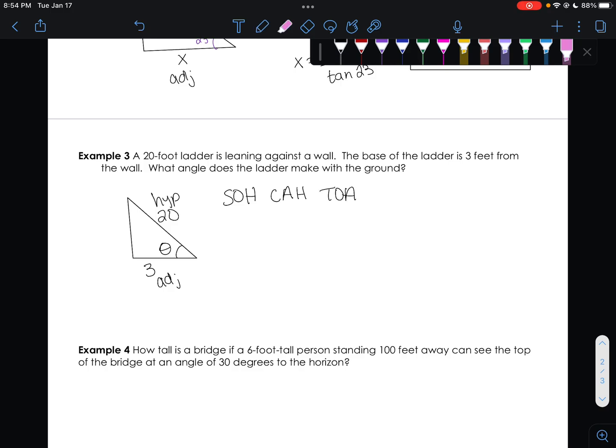We have the adjacent and the hypotenuse, so it should be cosine. So we have cosine of theta is equal to 3 over 20. This is where we use trig inverse, and we get theta is equal to cosine inverse of 3 over 20. We're going to type that into our handy dandy calculator.